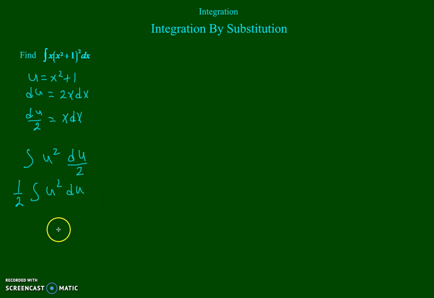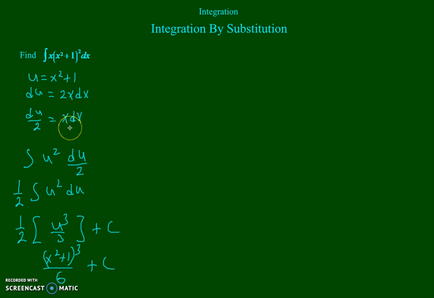And now we just take our antiderivative: 1/2 times u to the third over 3 plus c. When we pull this together, our back substitution for u gives us x squared plus 1 to the third over 2 times 3, which is 6, plus c. So this 2 threw us for a little bit of a spin, but it wasn't too bad.